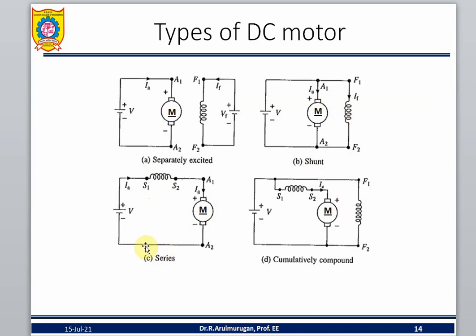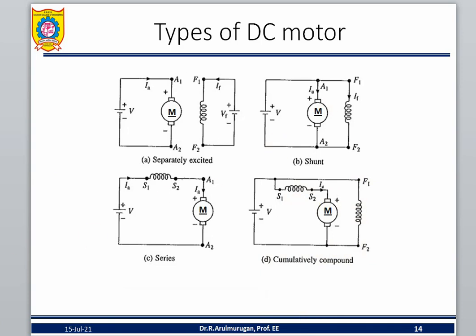Series motor. If both series field winding and parallel field winding are present in the motor, the name of the motor is compound motor. So this is how the types of DC motor are classified.